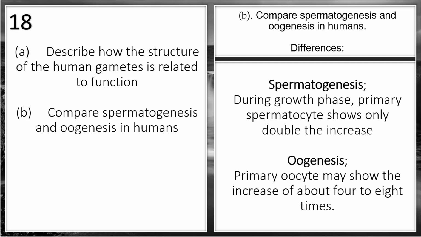In spermatogenesis, during the growth phase, the primary spermatocytes show only a double increase. In oogenesis, primary oocytes may show an increase of about 4 to 8 times.